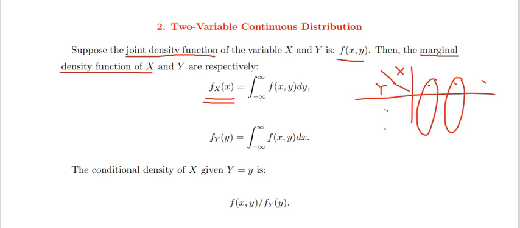Here, adding those y's becomes integration over y, dy. If we focus on y, then dx: for this y value, for example y equals 1 or y equals 2, we need to add up over all x, so it becomes integration over x, dx.